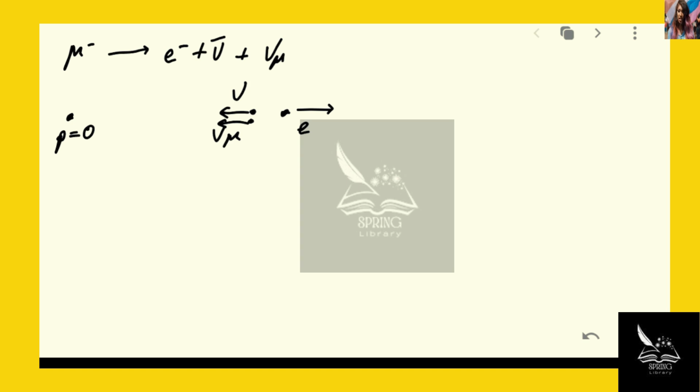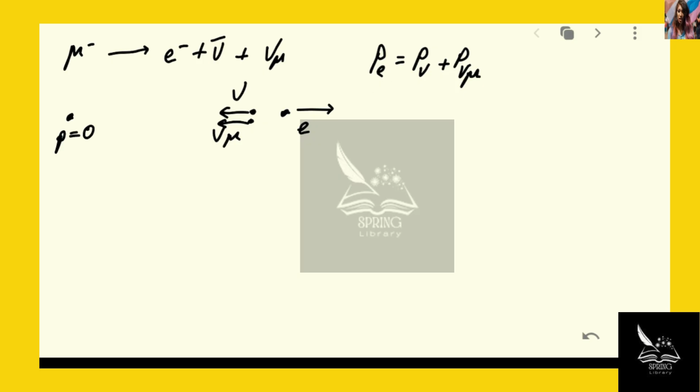Alright, so now we need to write down the various conservation laws, starting with momentum conservation. The momentum of the electron must be equal to the momentum of the neutrinos. The second conservation law is conservation of energy.